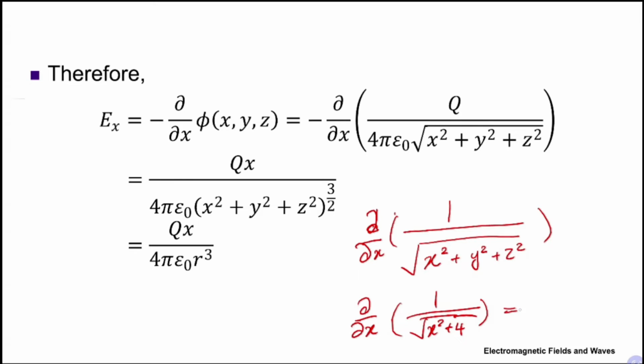If you do that, this will be 2x times half, because I have a square root, divided by the quantity to the power of 3 over 2. So this simply equals x over x squared plus 4 to the 3 over 2. So in this case, this will equal x over x squared plus y squared plus z squared to the 3 over 2.